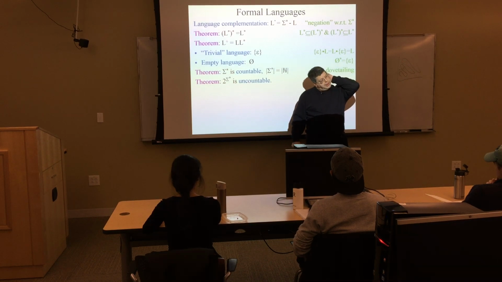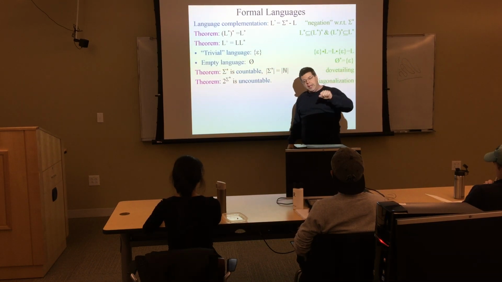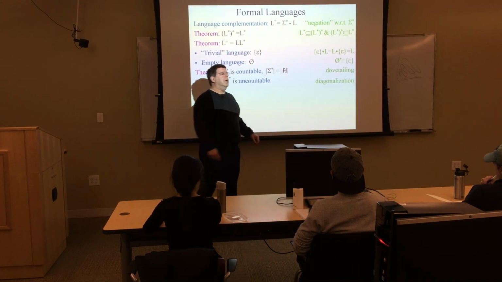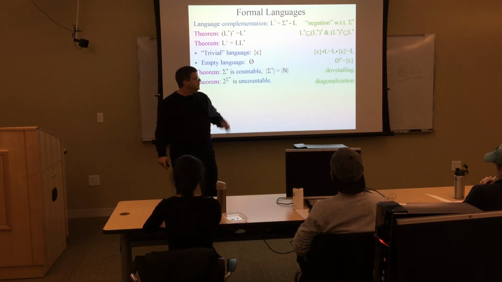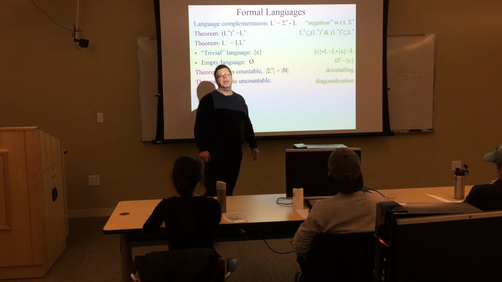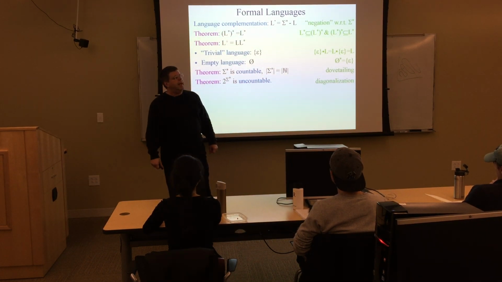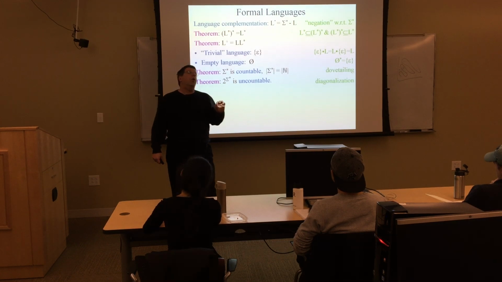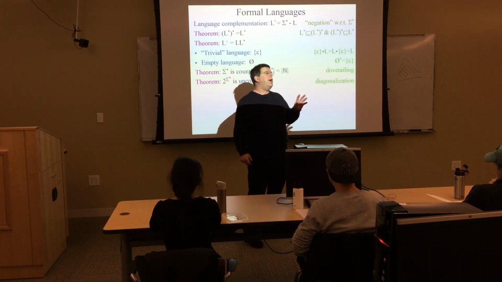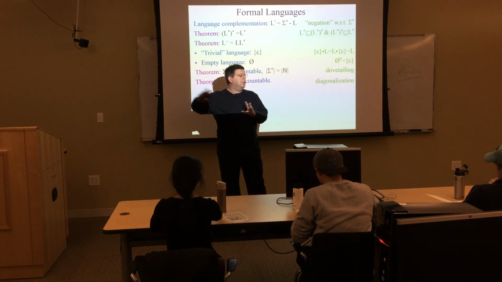That's also dovetailing. Dovetailing is a systematic way to hit them all with numbers, however you want to do it. It's not just this picture here. This picture is a special case of dovetailing.